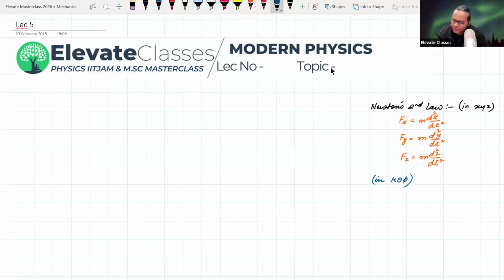Now my question to you is, can I write Newton's second law in the same manner? By that I mean, can I write Fr is equal to m d2r upon dt2? Can I write F theta is equal to m d2 theta upon dt2? Can I write F phi is equal to m d2 phi upon dt2? बताइए. Are these correct equations?